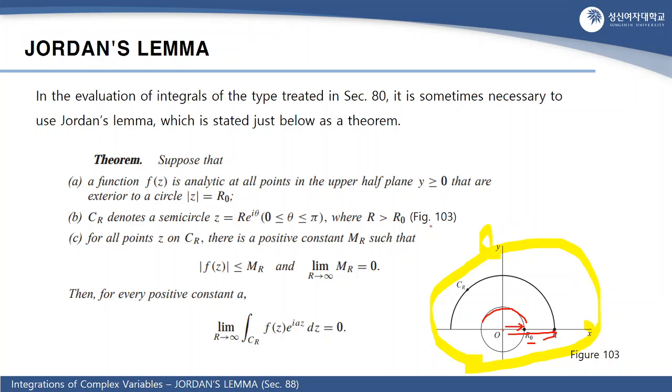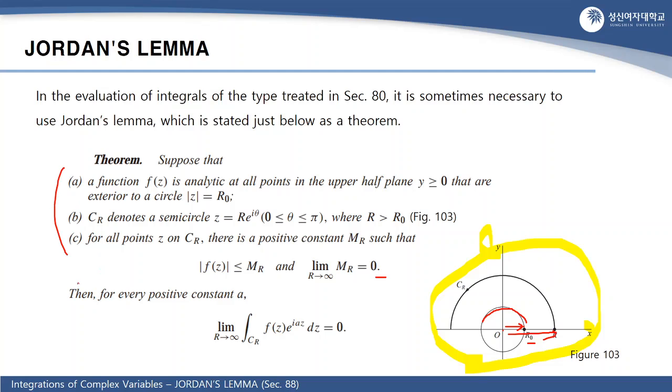as we said in figure 103. And the final condition is that for all points z on the arc C sub R, there is a positive constant M sub capital R such that the absolute value of f of z is less than or equal to M sub large R, and as capital R goes to infinity, the limit of M sub capital R is equal to 0.